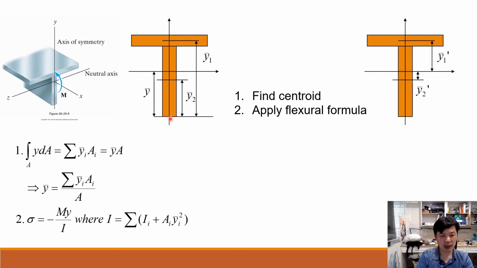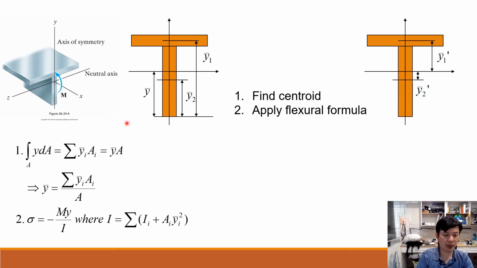Then we'd like to determine our integral of y dA for two parts: the upper horizontal beam and the middle vertical beam. For these two portions, you can find the centroid easily. For the vertical part, this is the centroid, and for the horizontal part of this beam it is over here. The distances are called y1 bar and y2 bar.